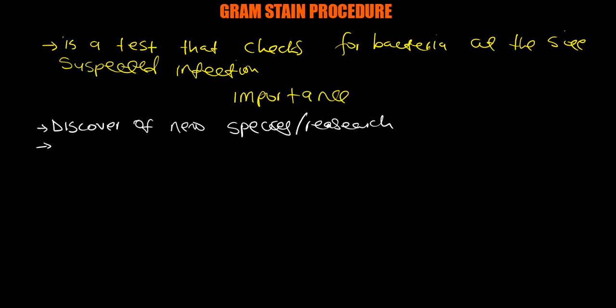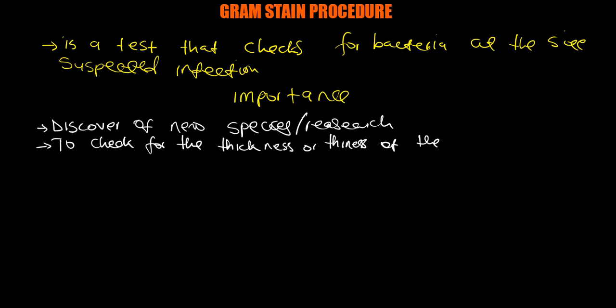So we'll be using this Gram stain procedure to check for the thickness or thinness of the available peptidoglycan layer. Peptidoglycan comes from the word peptide bond, so for those who forget, you master it like that.